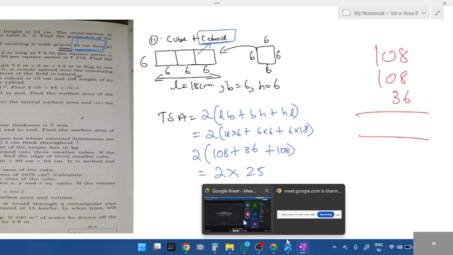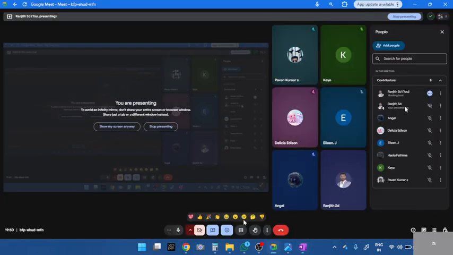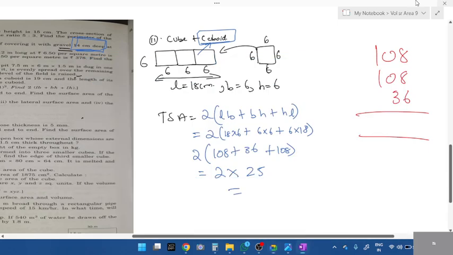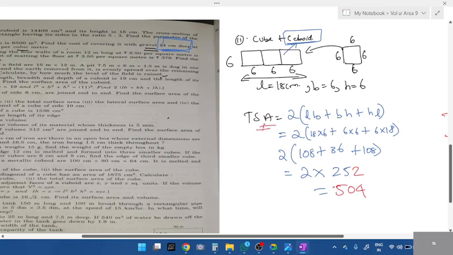Calculate once again. 216 plus 36 is 252. 252 into 2 is 504. 6 centimeter is given, right? We are finding total surface area. There is A in this. It should be centimeter square.